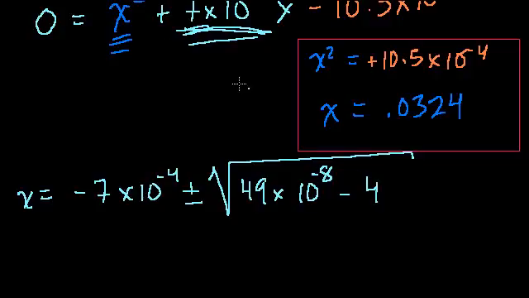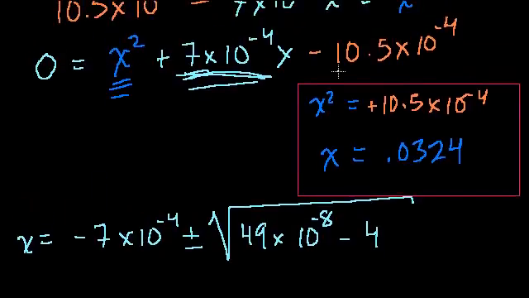Minus 4 times a, which is 1, times c. Well, c has a minus sign there, so it becomes plus.